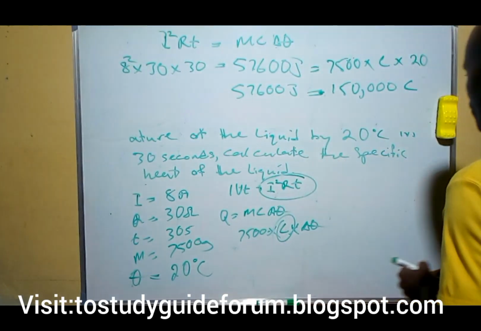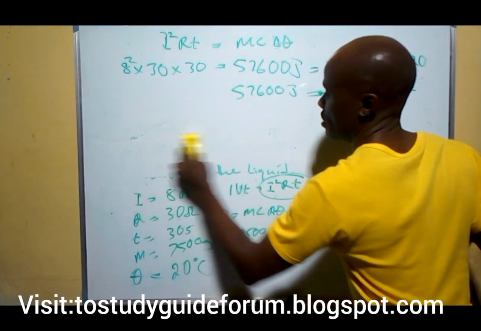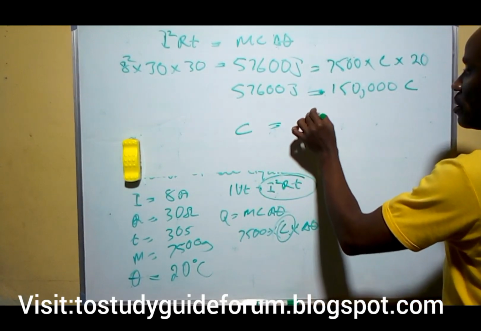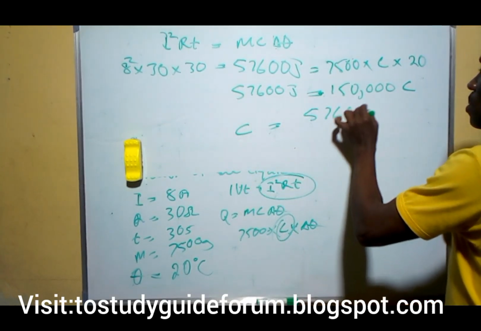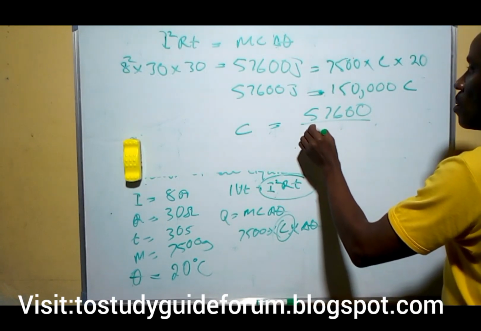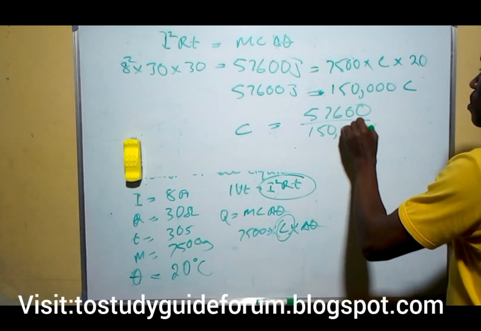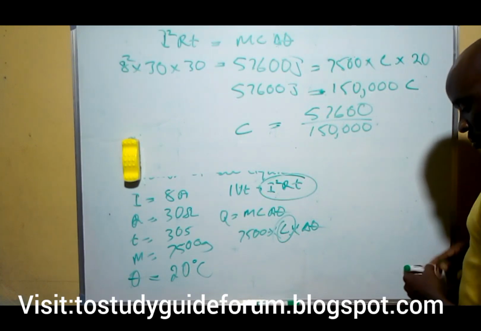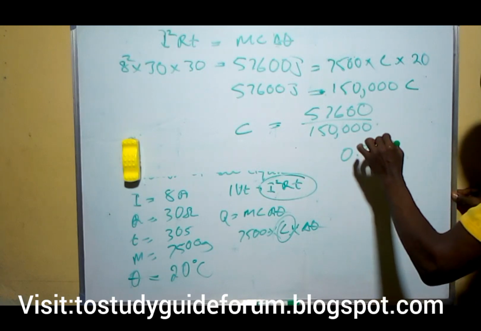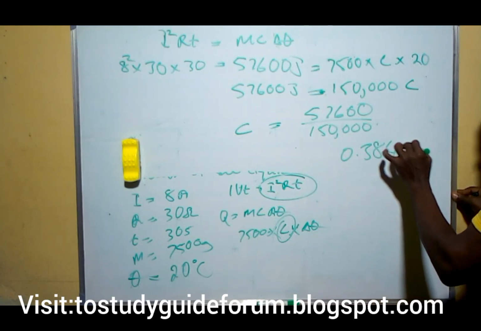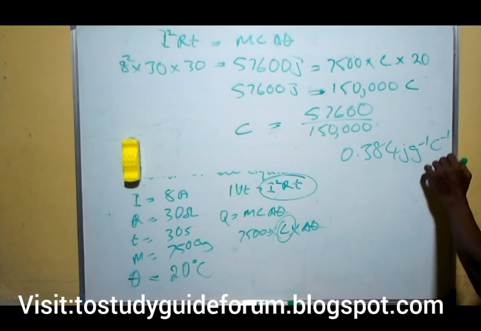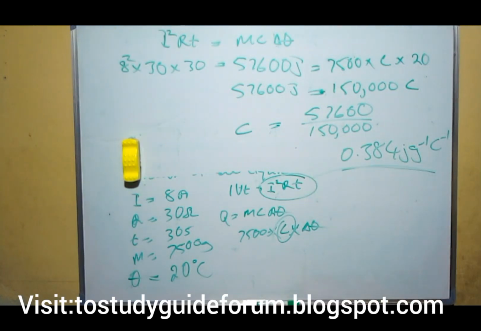Making C the subject of the formula, the specific heat capacity will then be that divided out. That will give us the value per gram per degree Celsius. That is our final answer when we divide it.